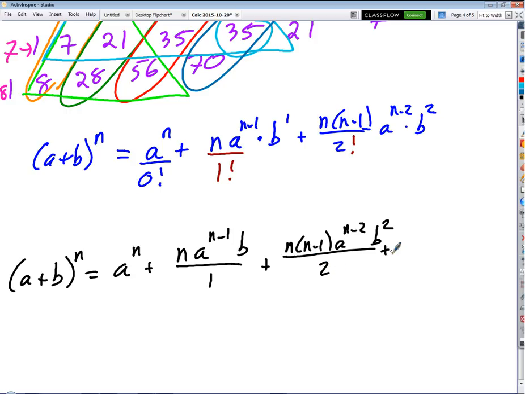Oh, it's all over 2? Yeah, all over 2. Everything. Okay, same thing as all being over 2 or just the front being over 2. Doesn't matter.